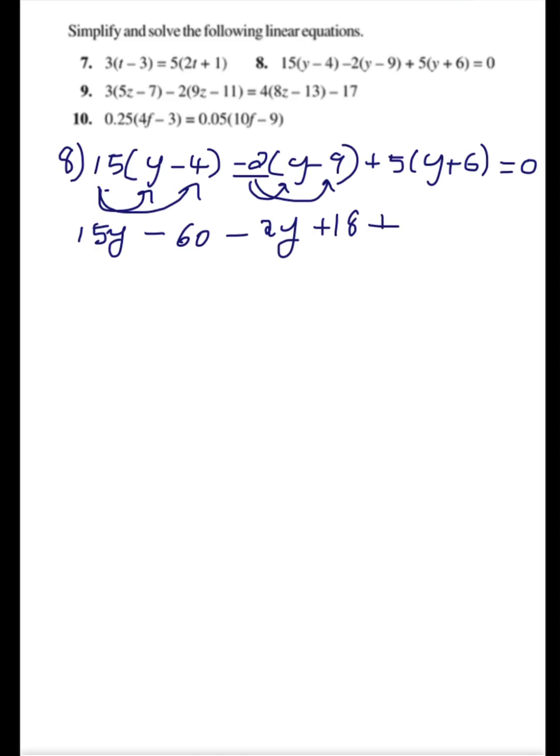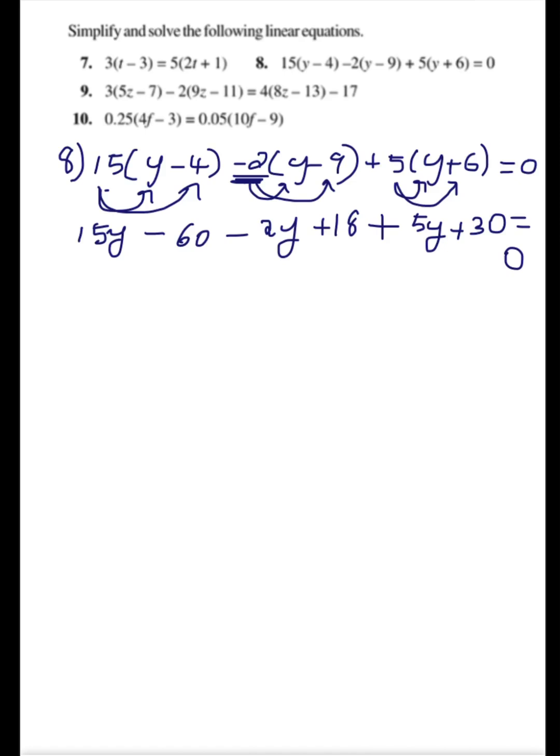Now plus 5 into y is 5y. Okay. Plus 5 into 6 is 30. Okay. Is equal to 0. Understand? Whenever a minus sign is coming before the bracket, you should be very careful, just like this. You should consider that minus also while multiplying. Otherwise, you will get the wrong answer.